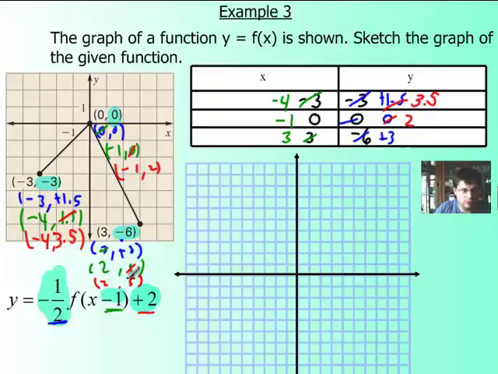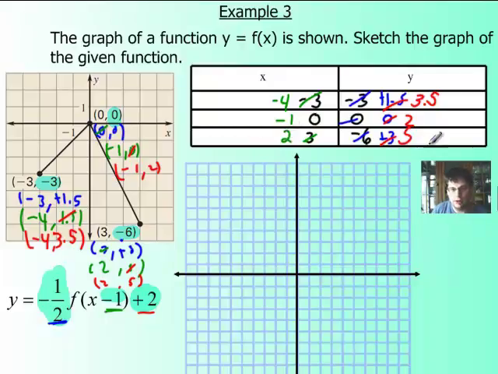So 2, 3, 2, 5. And let me correct this: I said 2, and I wrote 2, except there I wrote 3.